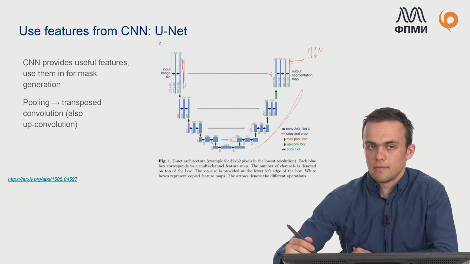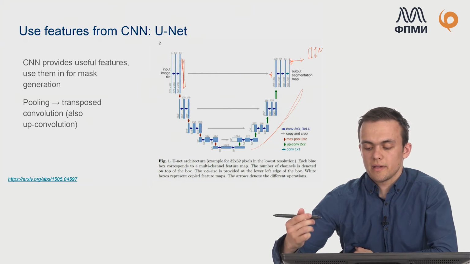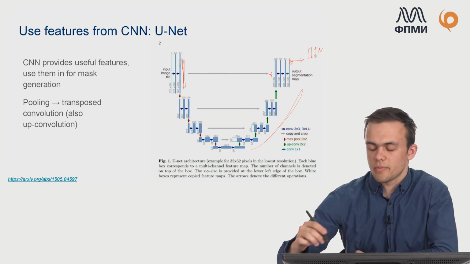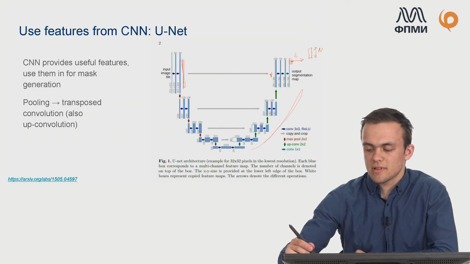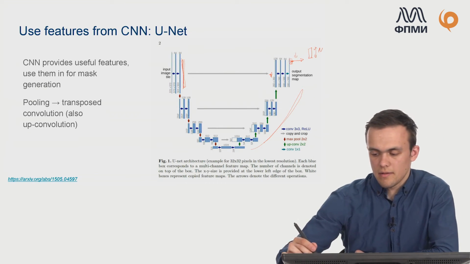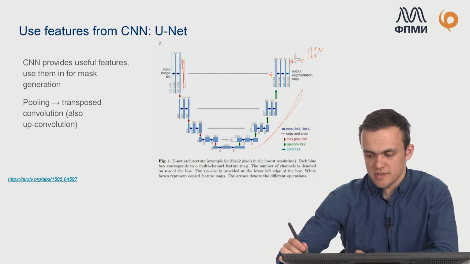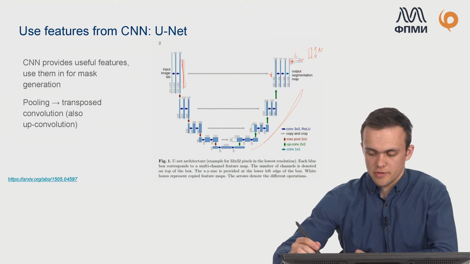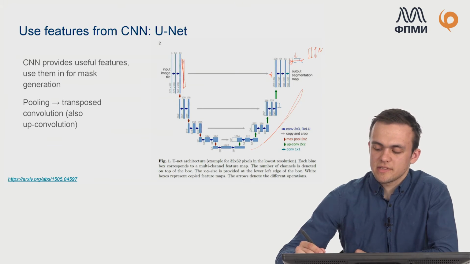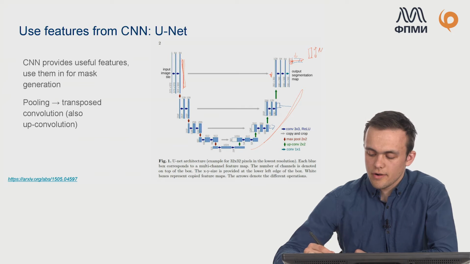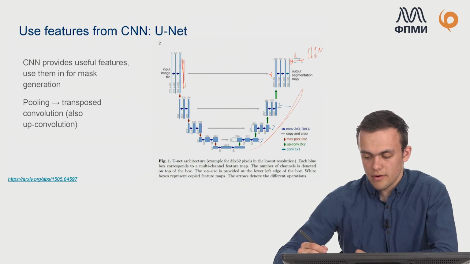But the authors of the feature pyramid network propose to run the same classifier, the same model that outputs the predictions, here, and maybe even here.